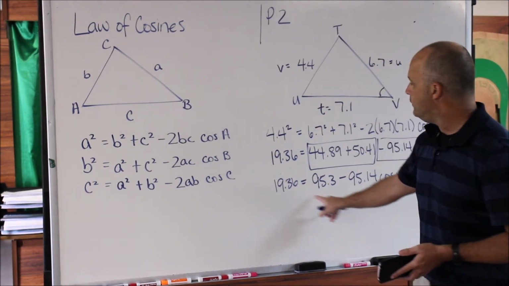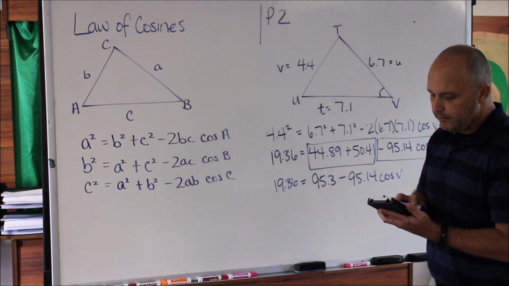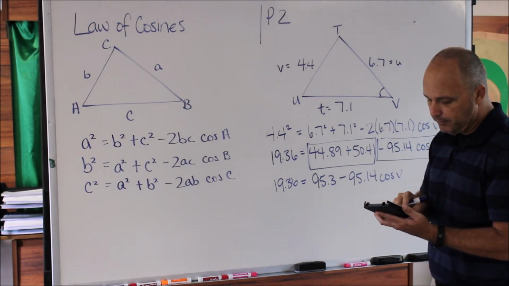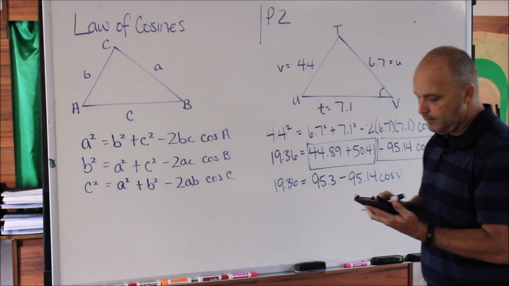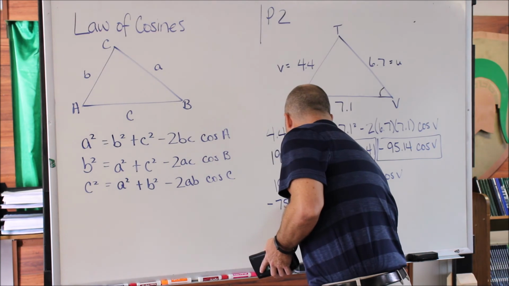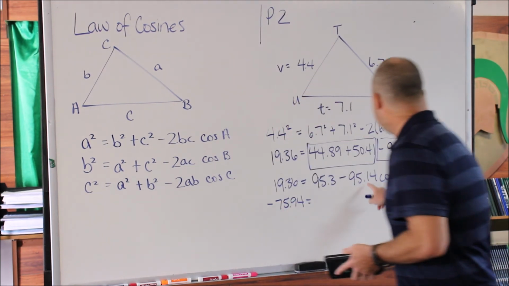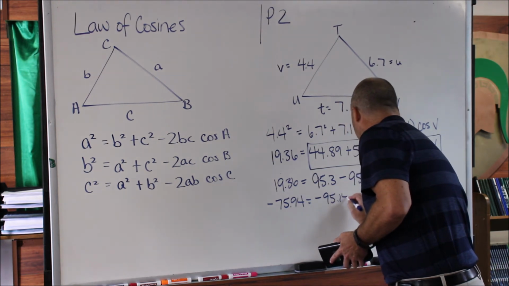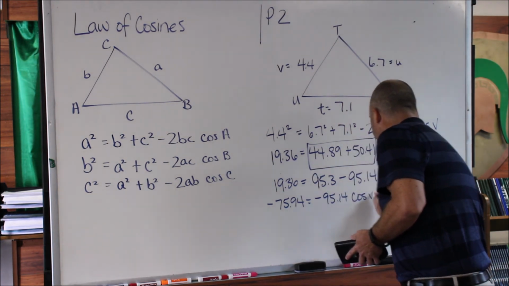Now we need to subtract that over. So 19.36 minus 95.3 is negative 75.94. That is now equal to negative 95.14 cosine of V.